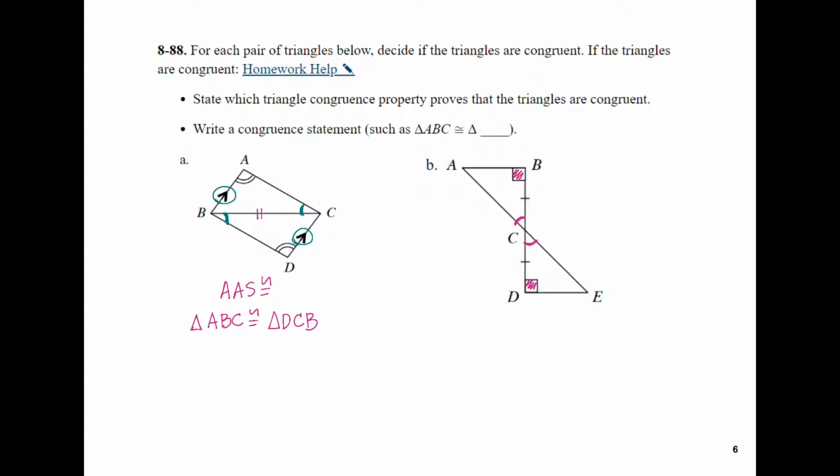So I can state that these triangles are congruent based on angle-side-angle congruency, and more specifically, I can state that triangle ABC is congruent to, make sure you put the corresponding angles. Our right angle was in the middle, and our vertical angle was last.